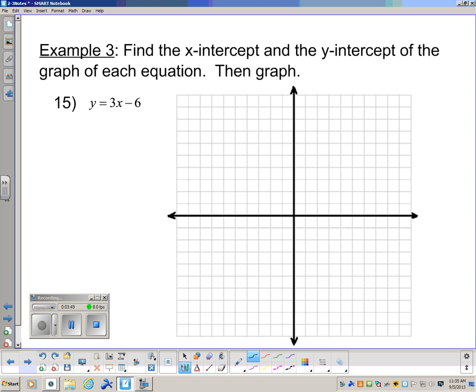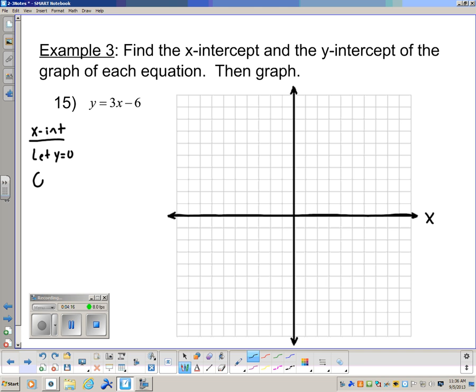So to find the x-intercept, it's where it hits right here on this left to right line. So this is your x-axis right here. We want to know the x-intercept for that. So whenever that happens, your y value on that is always 0. So to find the x-intercept, I can just let y equal 0 and plug it in there.